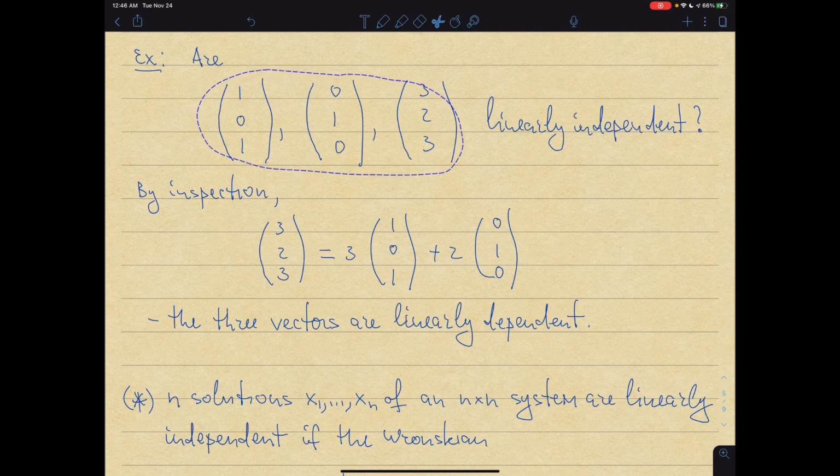But in this case, you can show by inspection that the third vector is 3 times the first vector plus twice the second vector. So the third vector is a linear combination of the other two, and that means that this set of 3 vectors is linearly dependent.